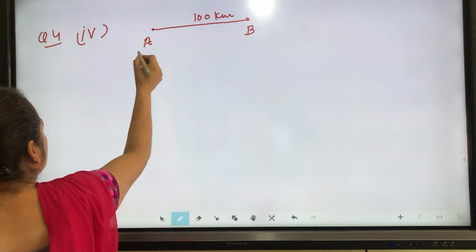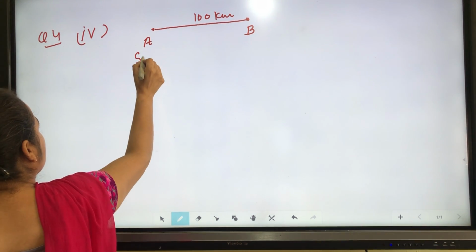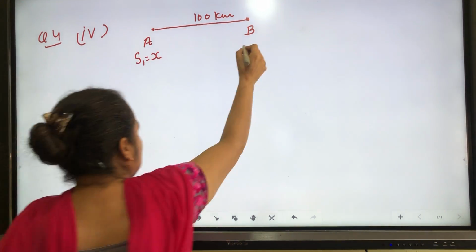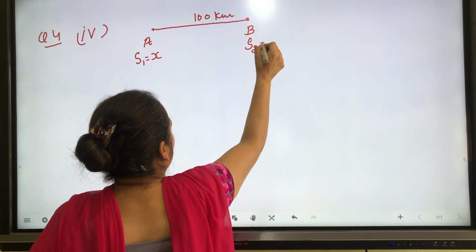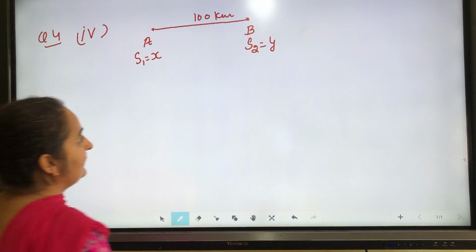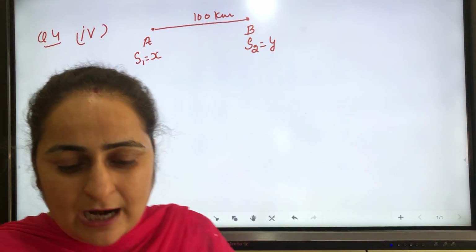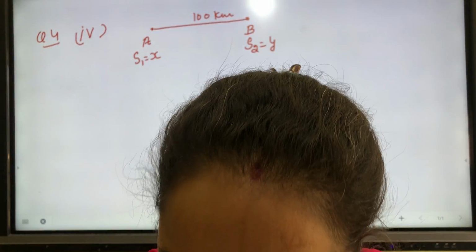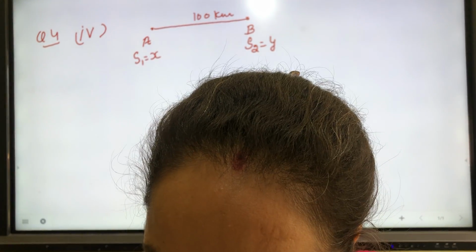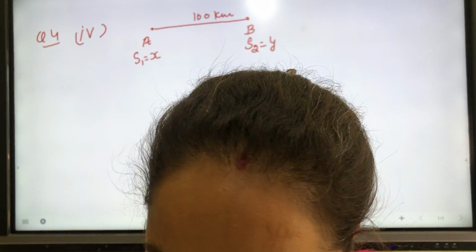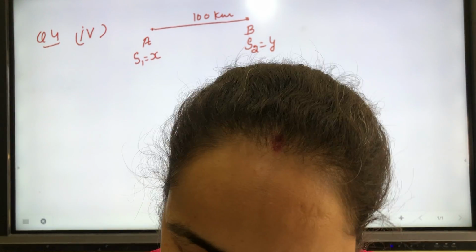So let's suppose the speed of car 1 is x kilometer per hour and the speed of car 2 is y kilometer per hour, and both cars start running. The condition is that one car starts from A and another car starts from B at the same time.